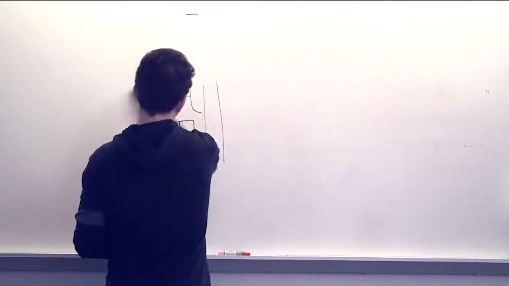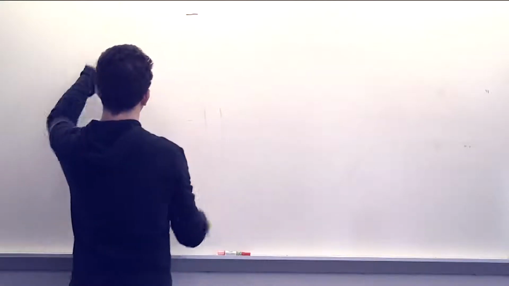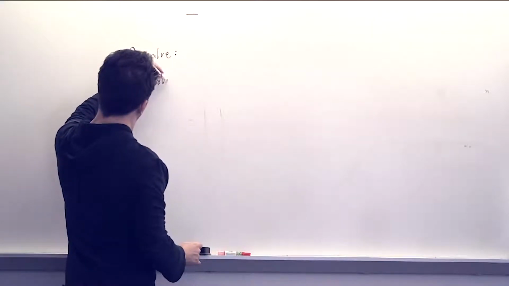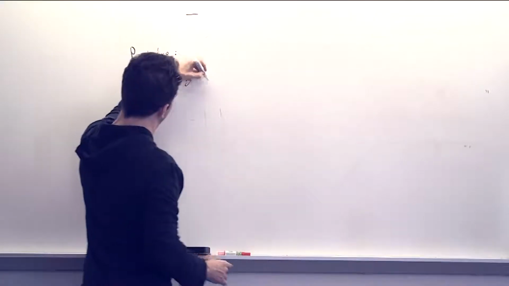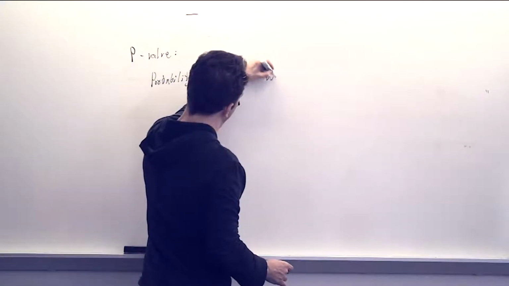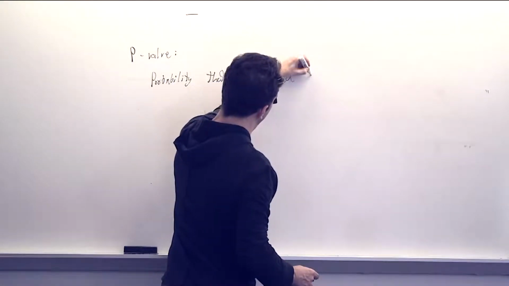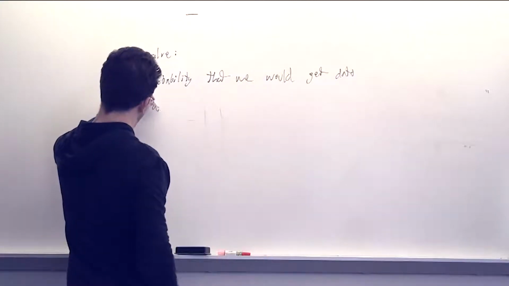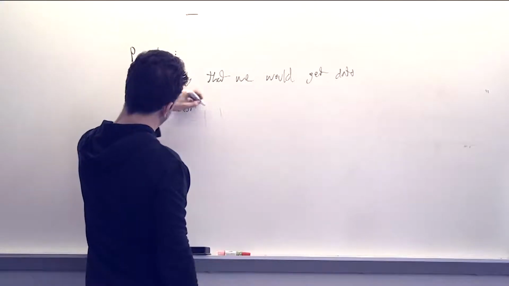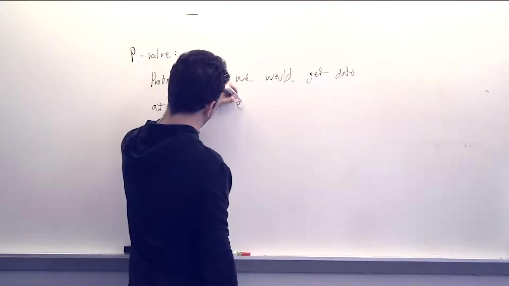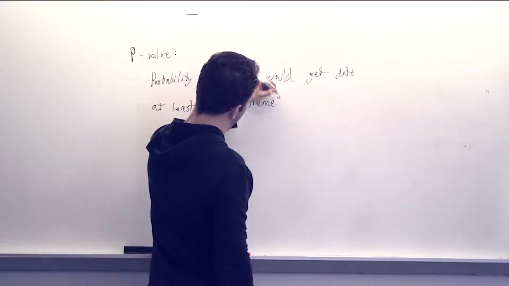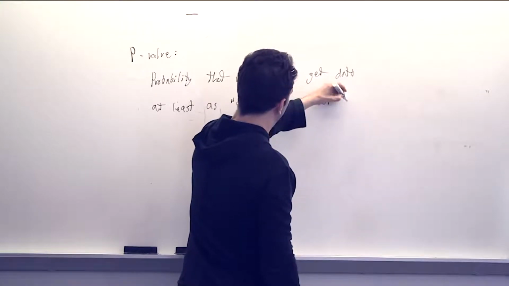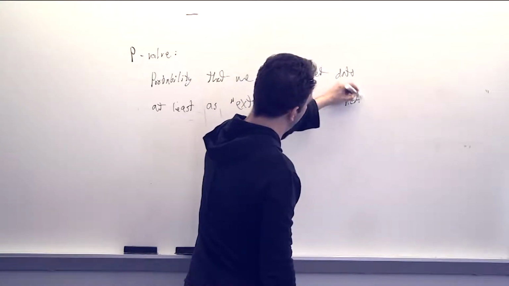The fundamental concept of a p-value is the probability that we would get data at least, and I'm being a little informal here, at least as extreme as our real data, right?